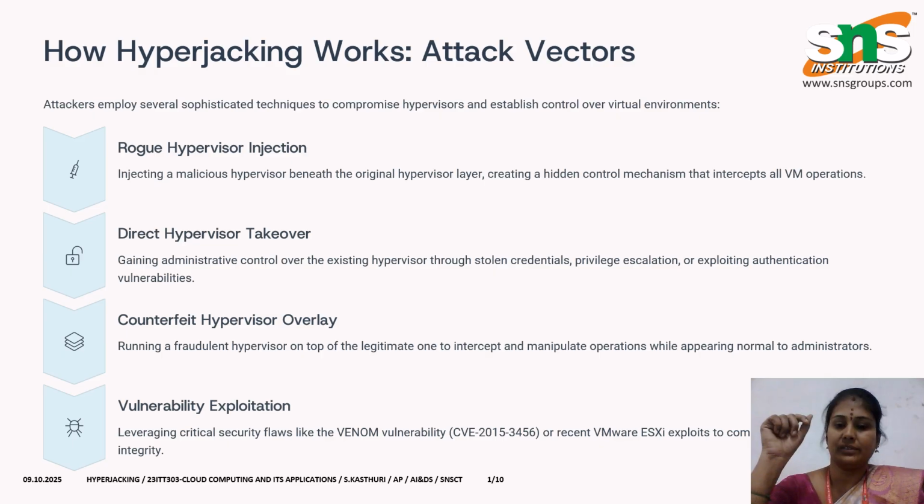Next one is the counterfeit overlay: a fake hypervisor runs above the real one, showing fake normal screens to admins. Vulnerability exploitation: attackers exploit known bugs to gain entry. In a recent case in 2024, researchers found a hypervisor escape exploit in ESXi that allowed attackers to inject malicious code directly into the hypervisor memory, bypassing all guest level protections.